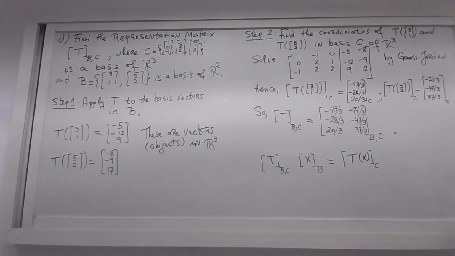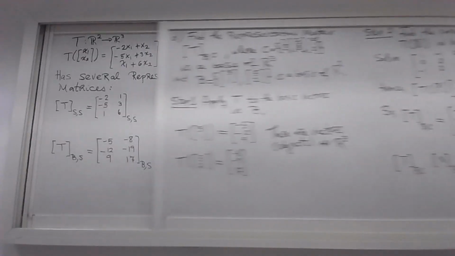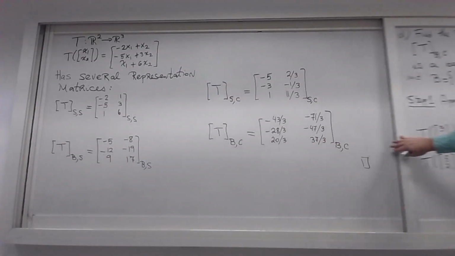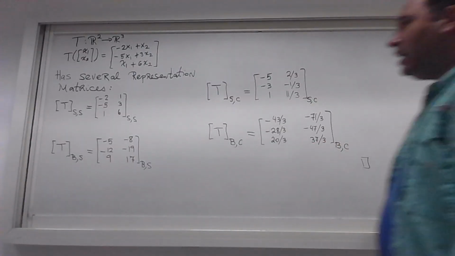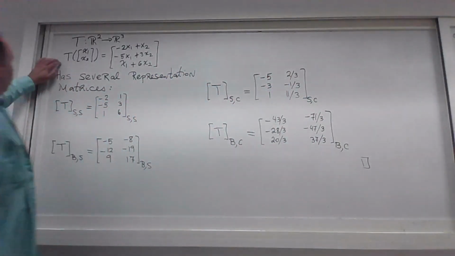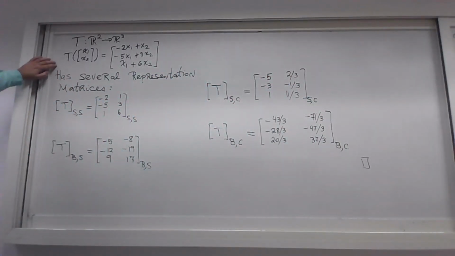Ta-da! That's it. So what we learned is that the same linear transformation that we had at the beginning has obviously infinitely many representation matrices, and each matrix is relative to the choice of basis for the input space and basis for the output space.